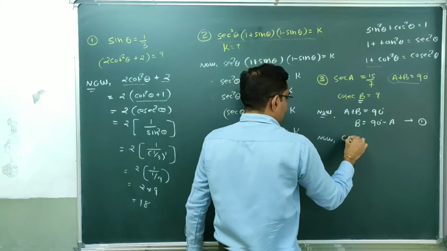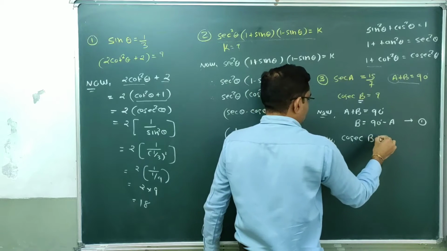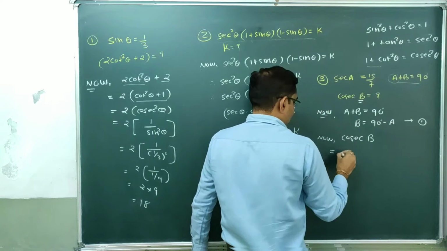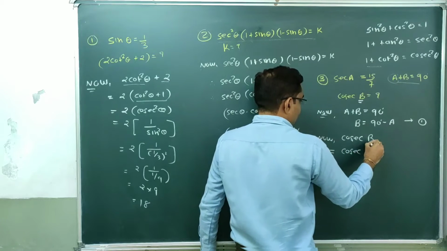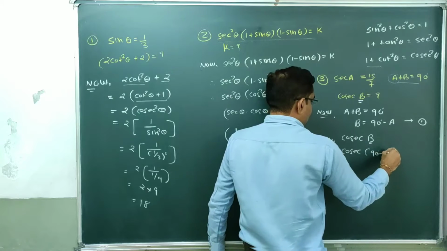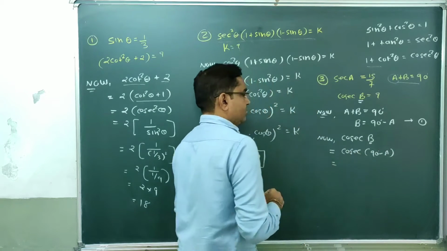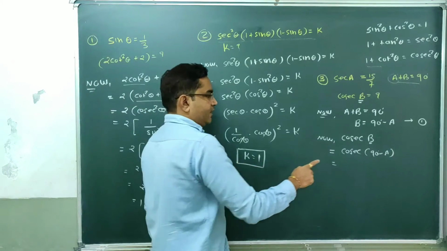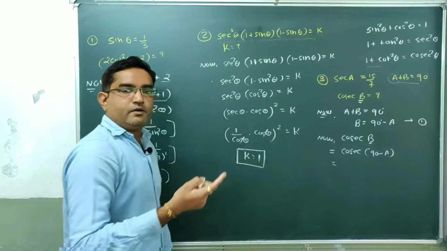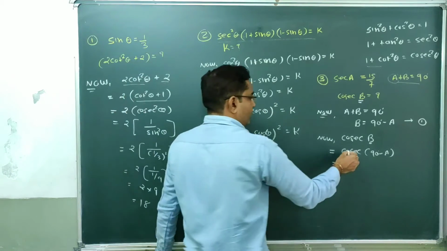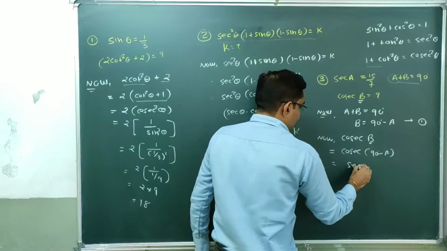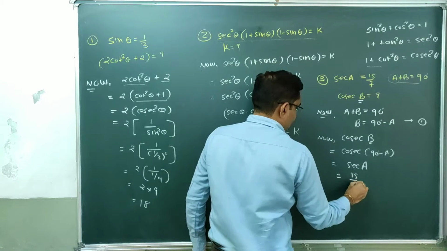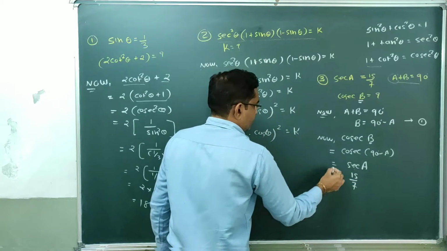We have to find the value of cosec B. So cosec B is equal to, replacing B with 90 minus A, cosec of 90 degree minus A. If we subtract the angle of any trigonometric ratio from 90, it will be converted into its complement. The complement of cosec is sec. So it's sec A. And what is sec A? Sec A is 15/7, is the answer.